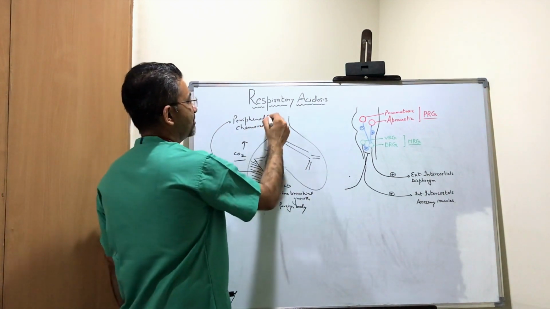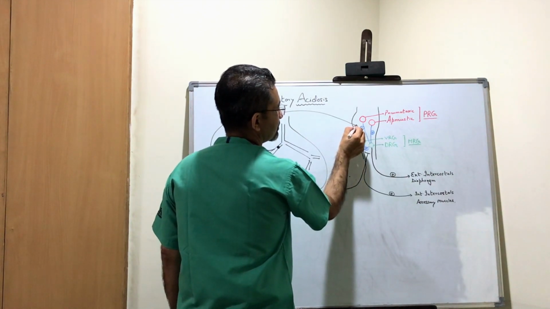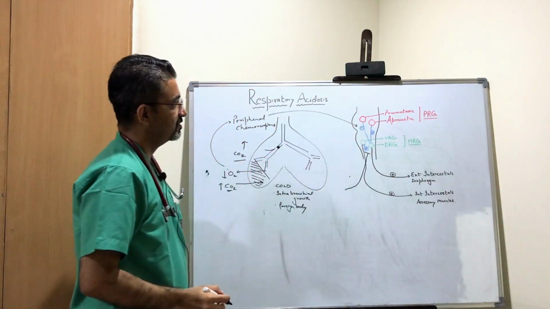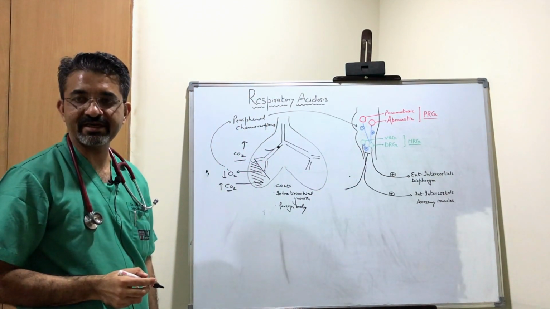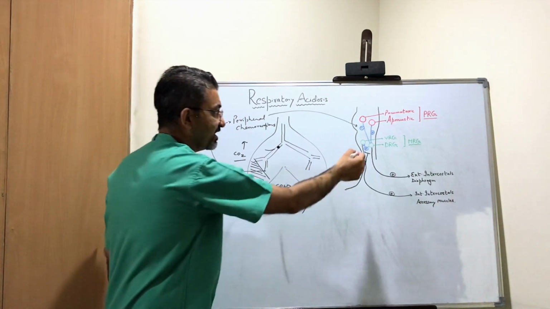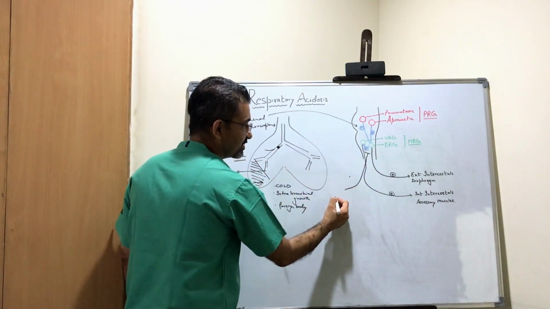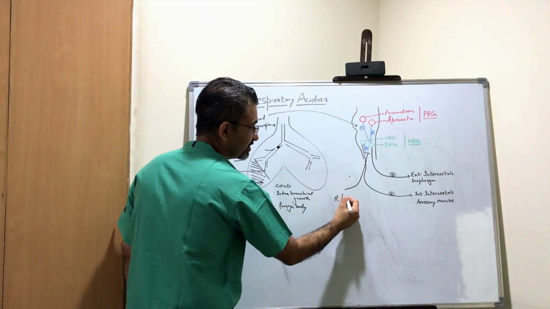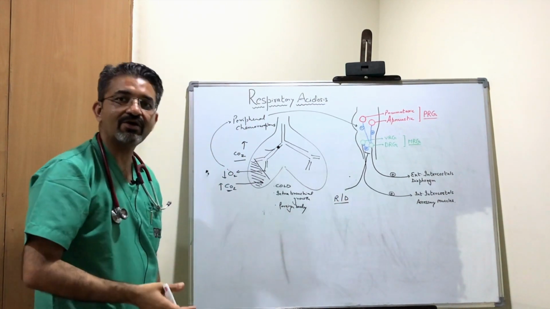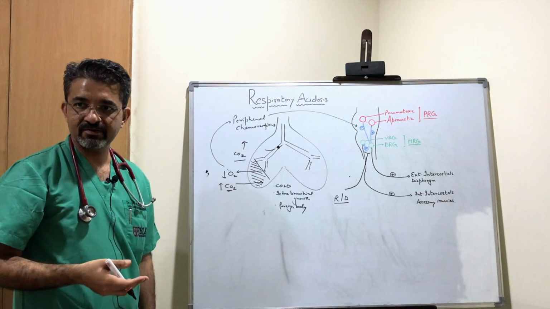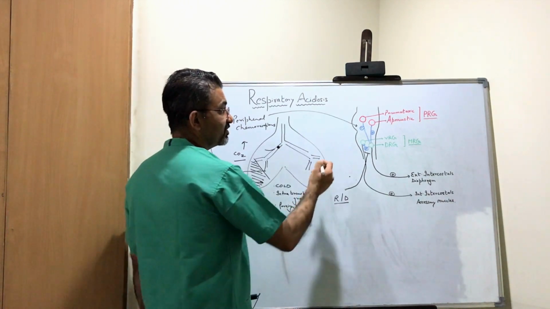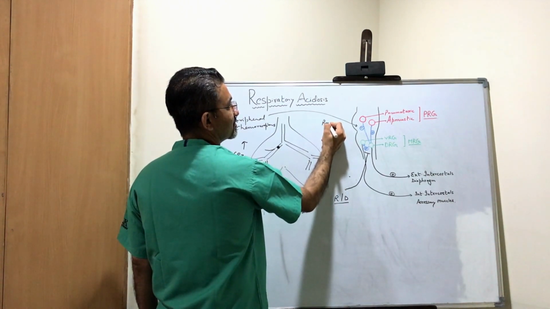These peripheral chemoreceptors, they hit your central nervous system respiratory group nuclei, and the drive and depth will increase. So rate as well as depth of respiration increases. So you are now hyperventilating. So initially there would be a component of respiratory alkalosis.